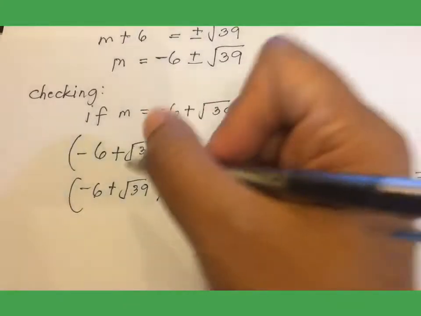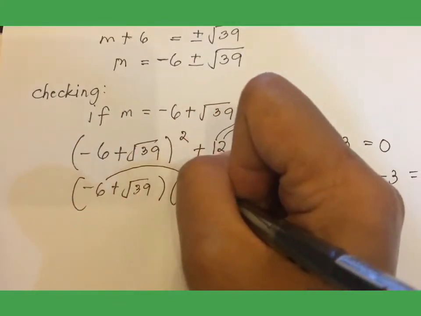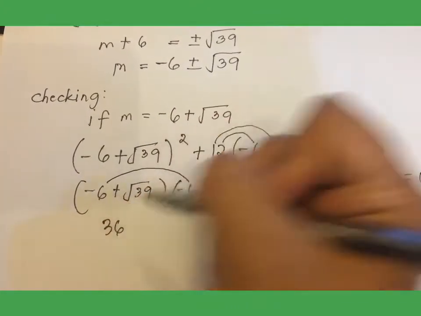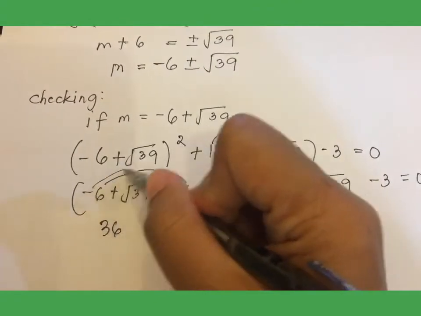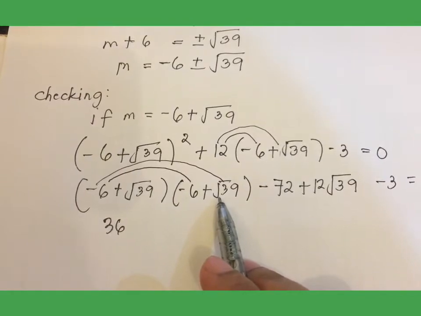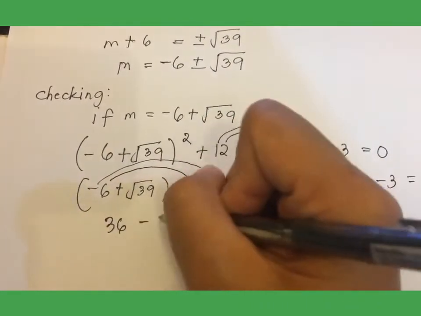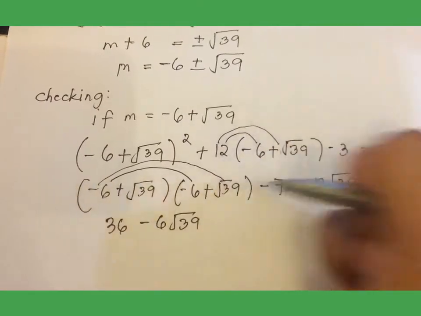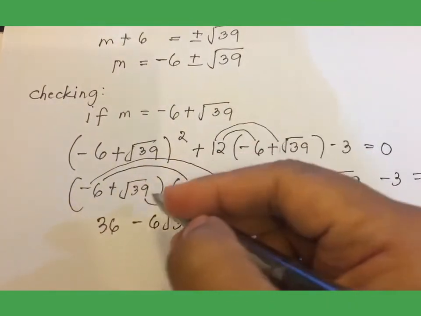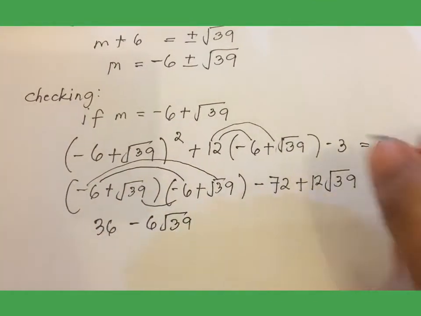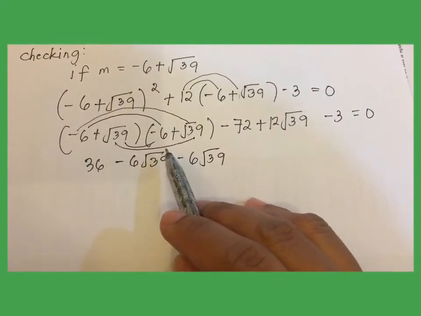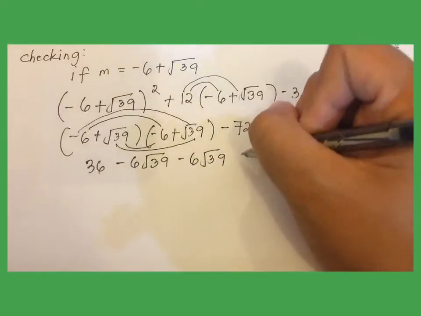Negative 6 times negative 6 is positive 36. Then negative 6 times square root of 39 is negative 6 square root of 39. Next is negative 6 times square root of 39. Then square root of 39 times square root of 39 is 39.